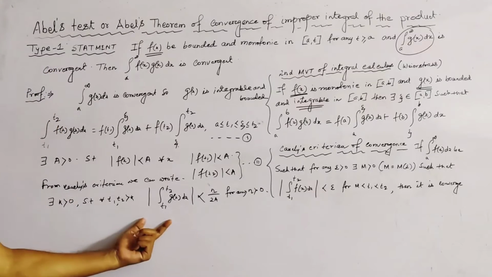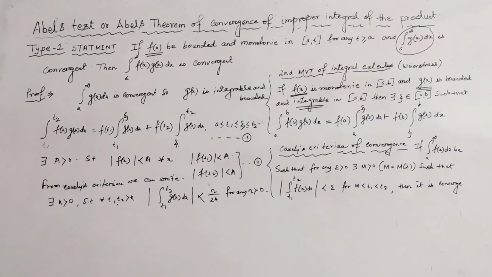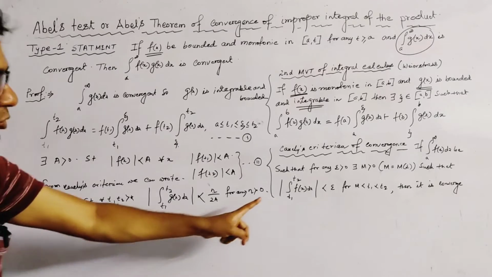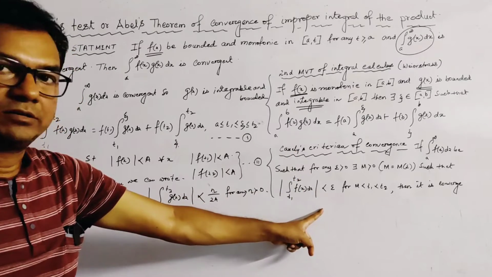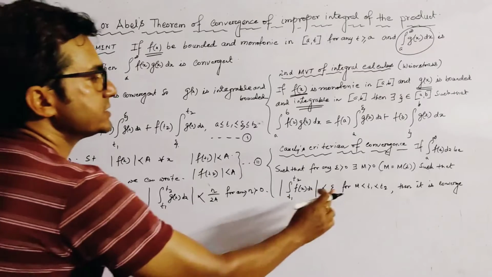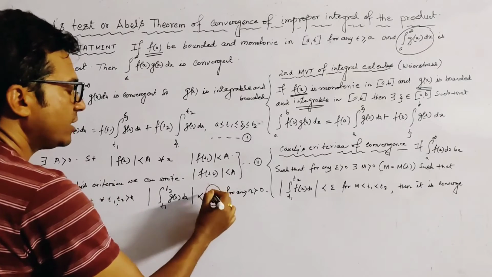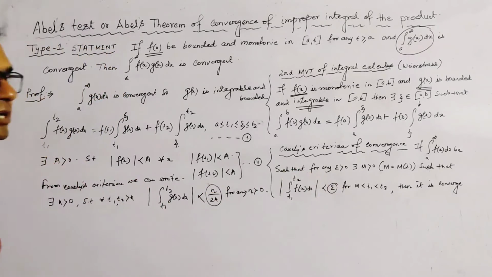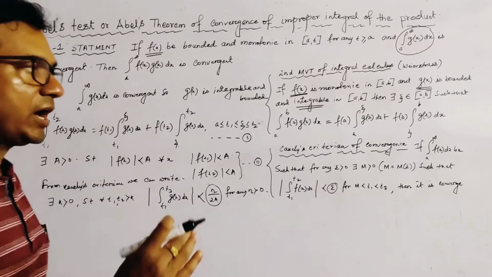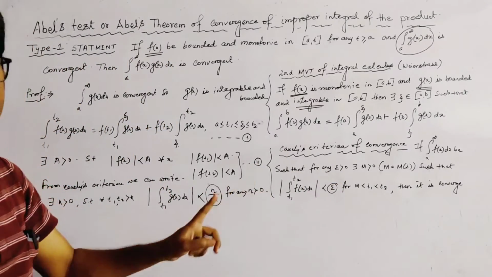This is the Cauchy's criterion of convergence of this type of integration. Already we wrote here the Cauchy's criterion. Clear? Now here k is here m, and these two relations are equivalent. We take eta by 2A in place of epsilon, where epsilon is any arbitrary number greater than 0. Here we take eta greater than 0 as an arbitrary number.